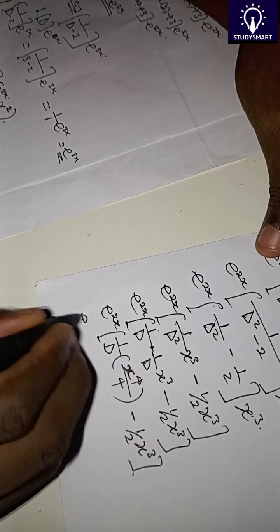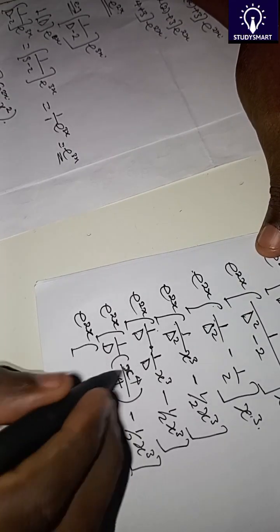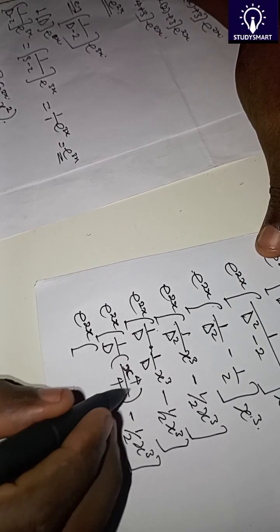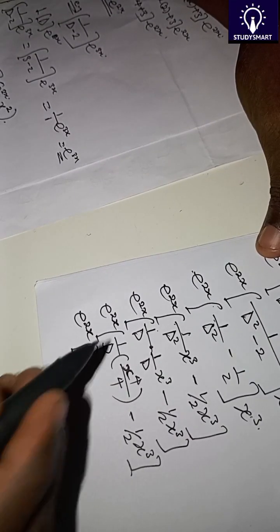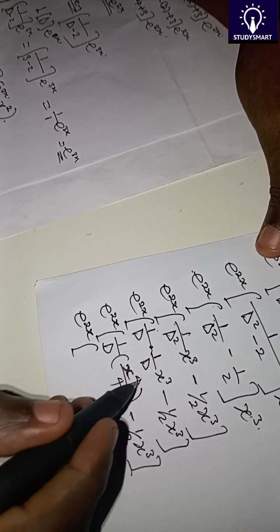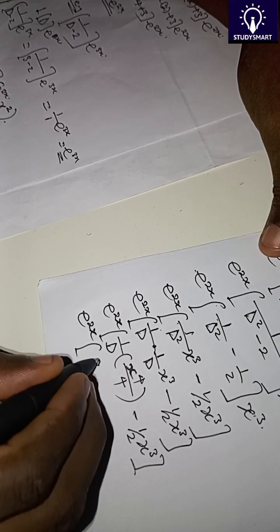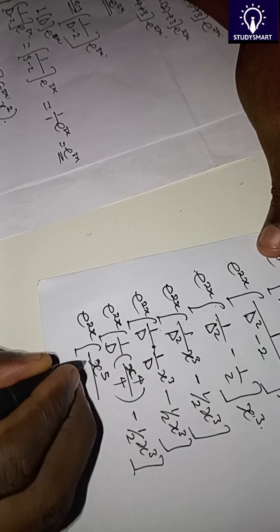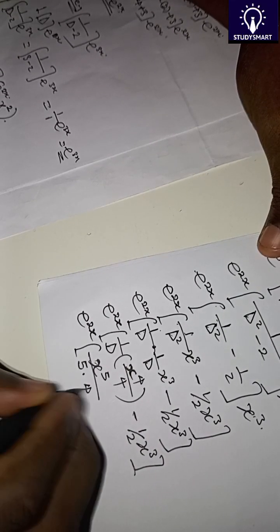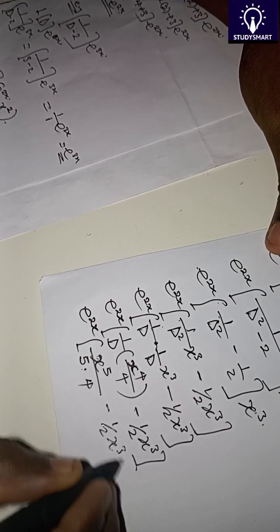Right, I still have another 1 over d left, so I'm going to integrate again. If I integrate this expression, because it has an inverse operator 1 over d, I will have x to the power 4 plus 1 here gives me 5 over 5 times 4, then minus 1 over 2 x cubed.